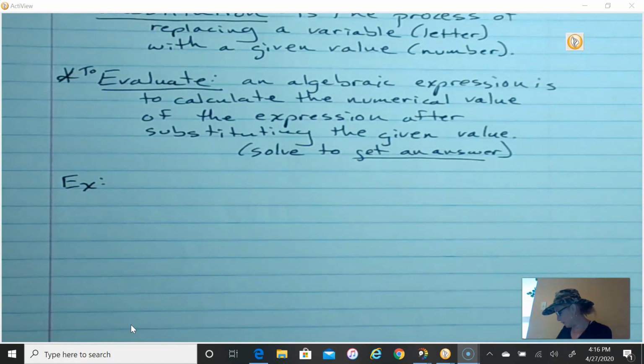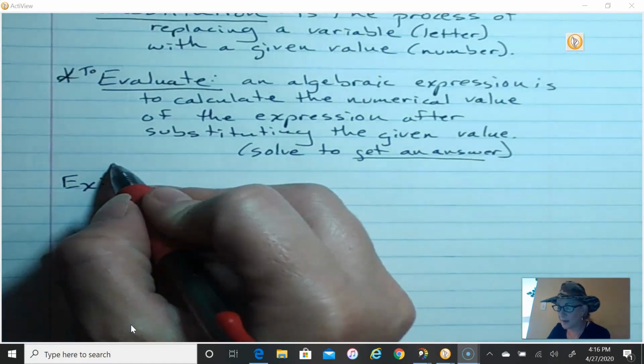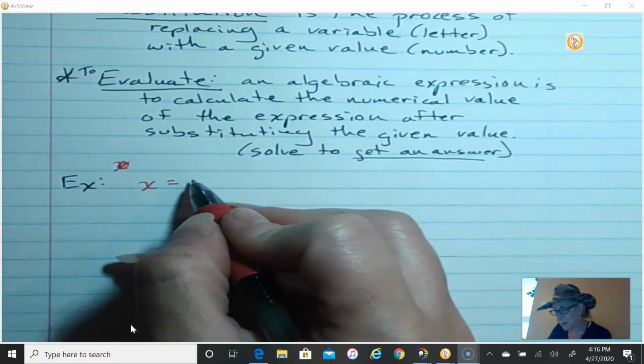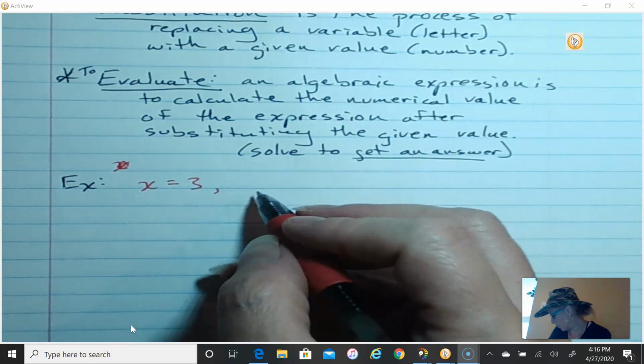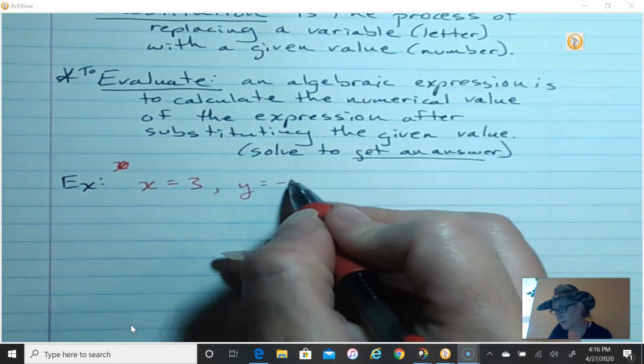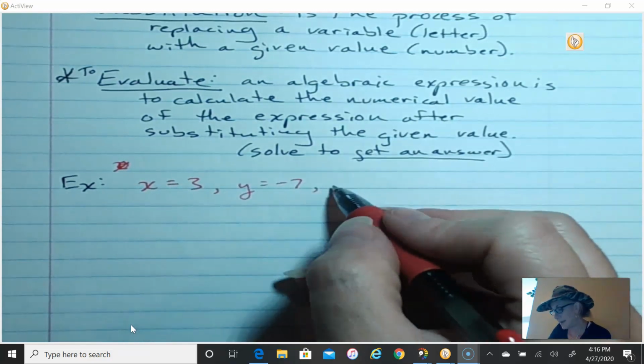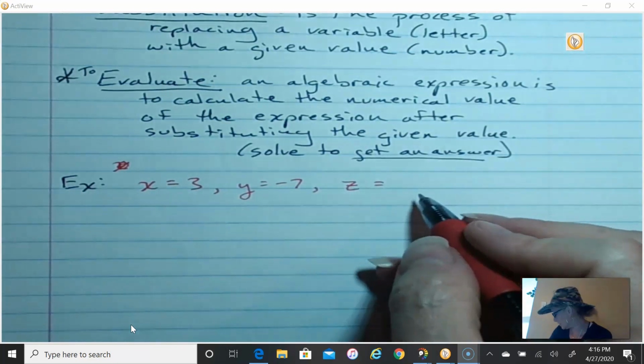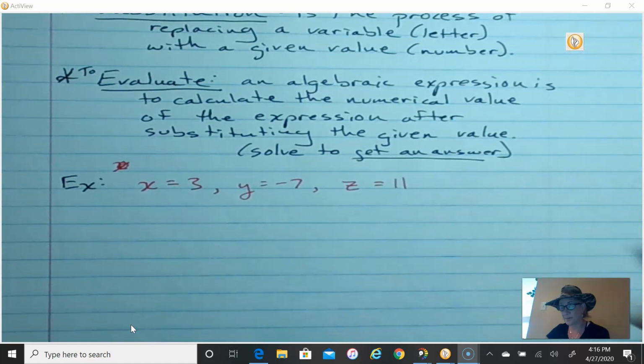Okay, so for the first example, we're going to let x equal 3, y equal negative 7, and z, remember I put that line there so that you know it's a z and not a 2, is going to be 11.